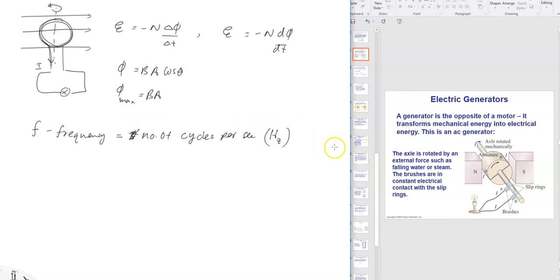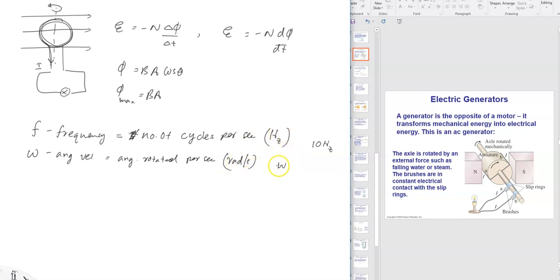If it says the frequency is 10 hertz, that means this coil is rotating 10 cycles per second. Another way is to express it in terms of omega, angular velocity or angular frequency. Omega is the angle rotated in a unit time, or rotated per second. So radians per second, that's the unit.